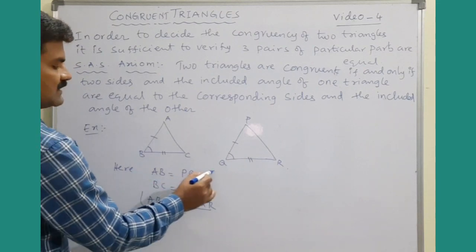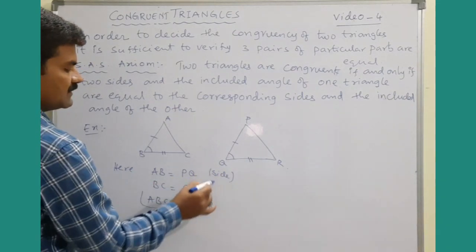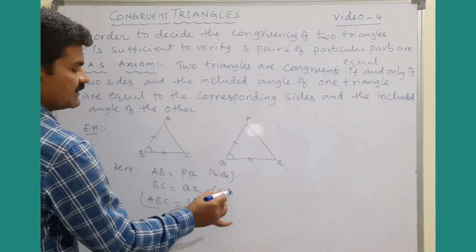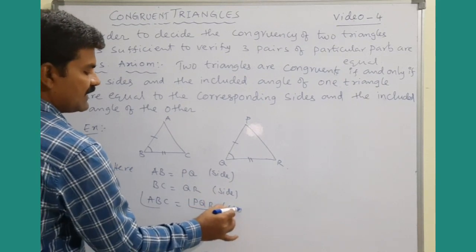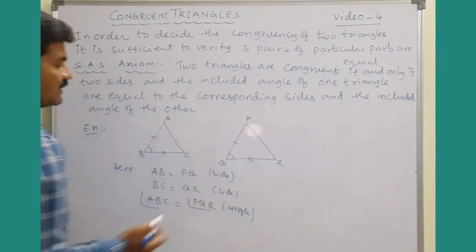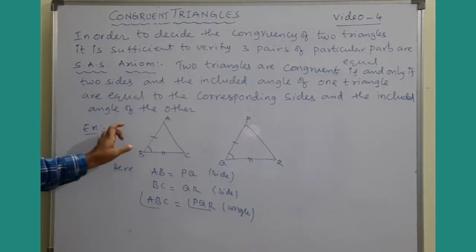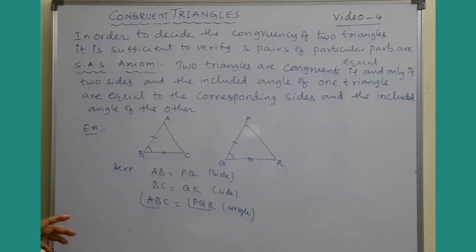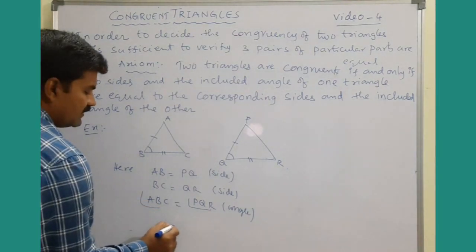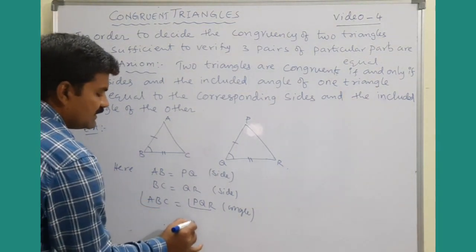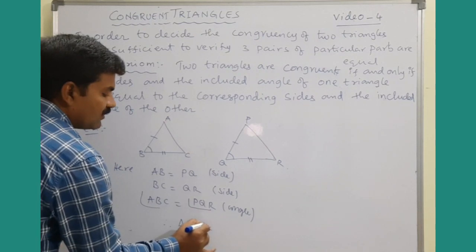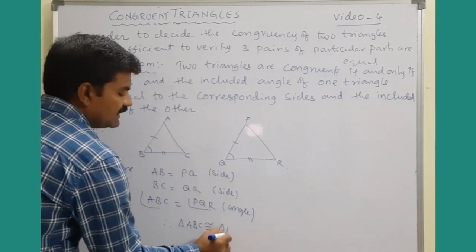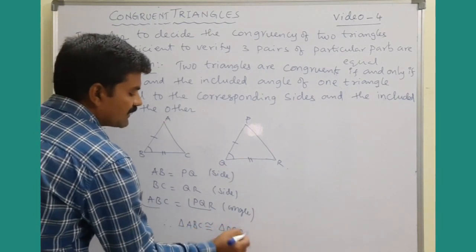So the first one is clearly a side, this is also a side, and this is an angle. So if two sides and the included angle of two triangles are equal, then both triangles are said to be congruent to each other. Therefore I can say that triangle ABC is congruent to triangle PQR.